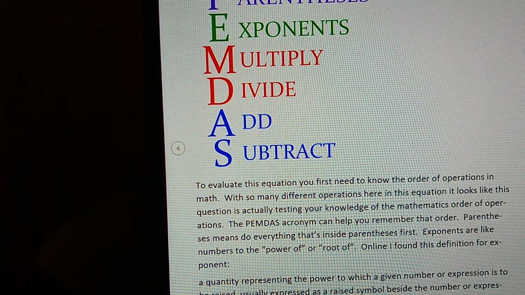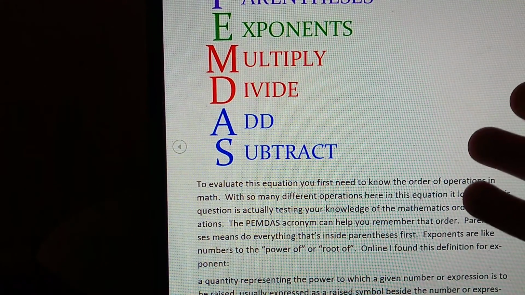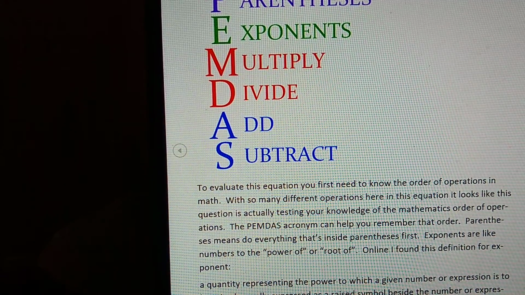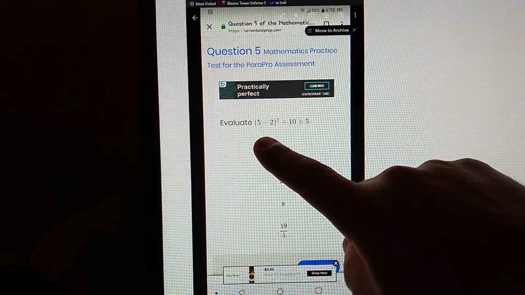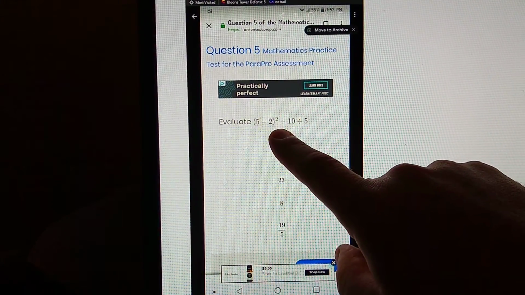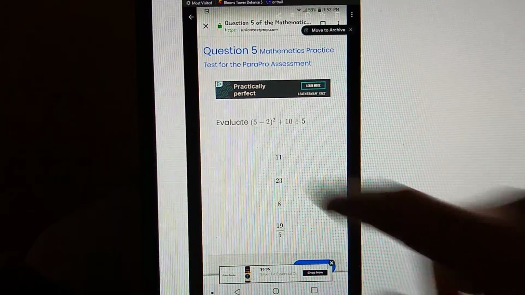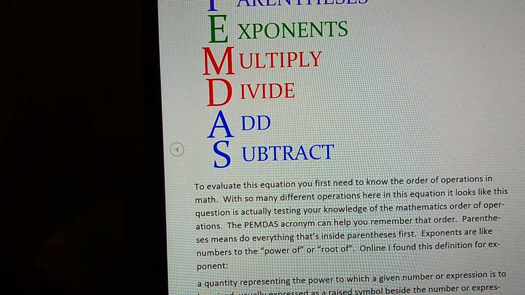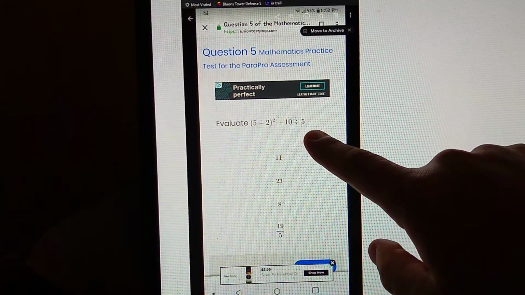That means we take that answer, which was 5 minus 2 is 3, and we do 3 to the power of 2. So 3 to the power of 2 means 3 times 3, which is 9. So our new formula is 9 plus 10 divided by 5.